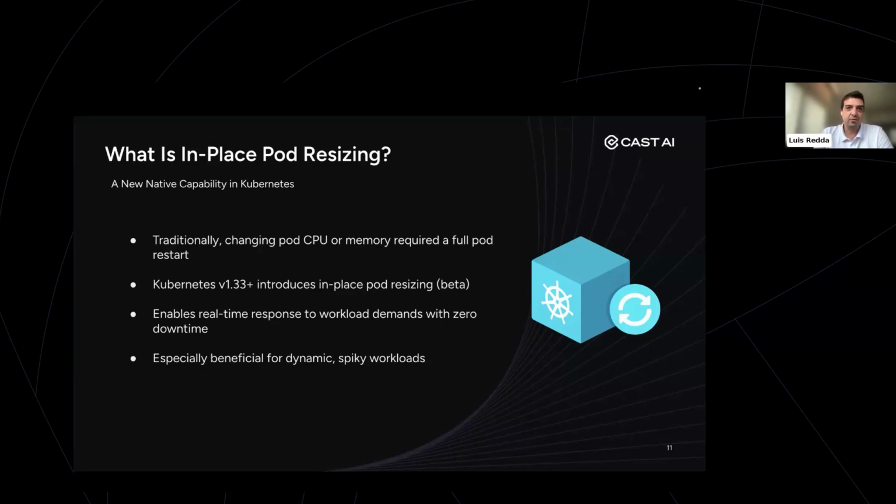And now with this new feature called in-place resizing, you can adjust the resources live without restarting the pod. This is very important especially for dynamic workloads or applications that cannot handle restarts well, or even applications that have a lot of spikes, such as Java applications.